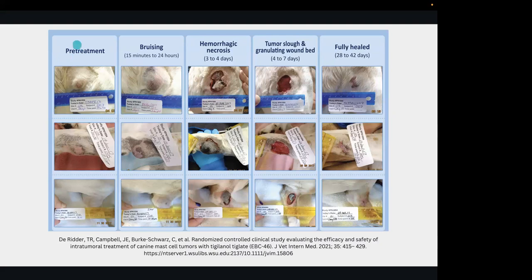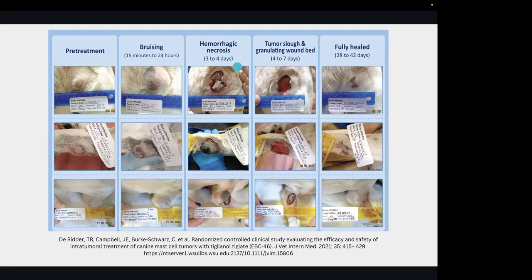So this is pre-treatment of 3 different tumors. 15 to 24 hours later, you start to see it swelling up. I mean, we see this literally as we're injecting it, we see the tumor swelling up, getting red, kind of changing colors. So you can see that here with these 3 tumors.